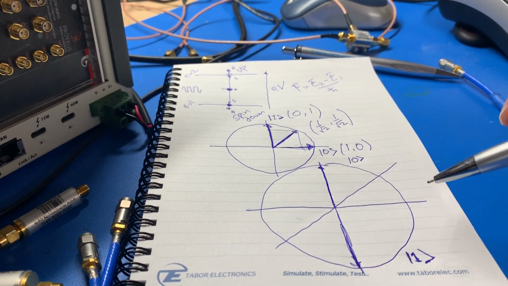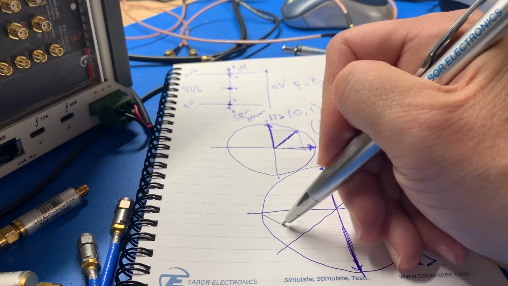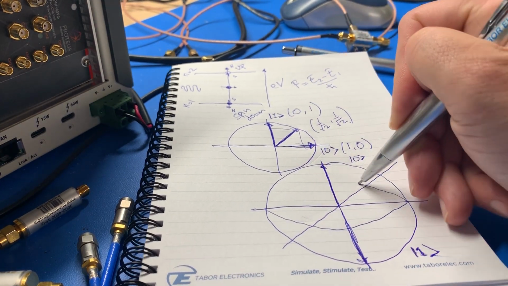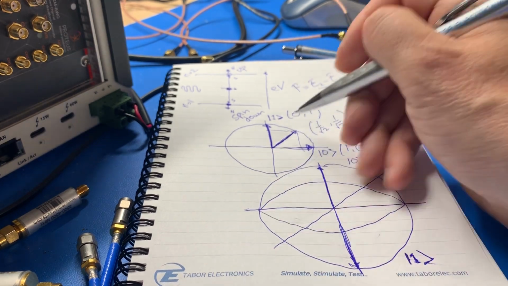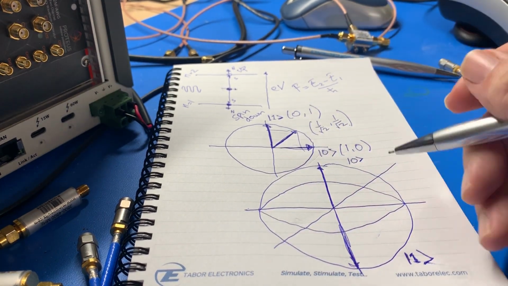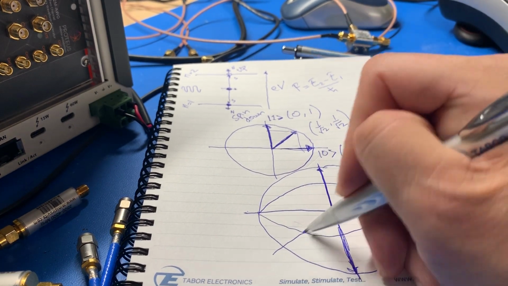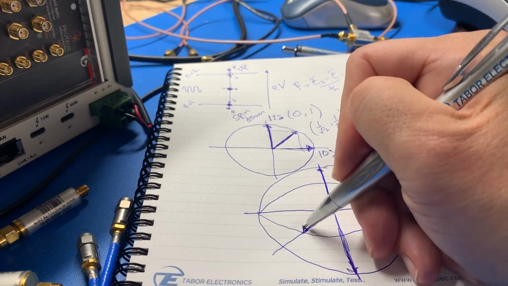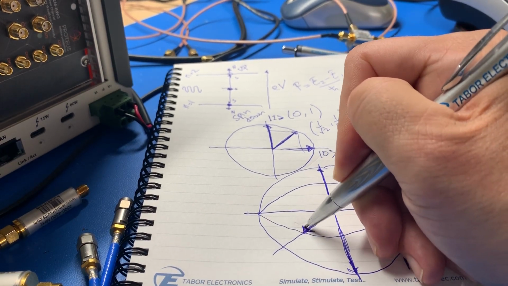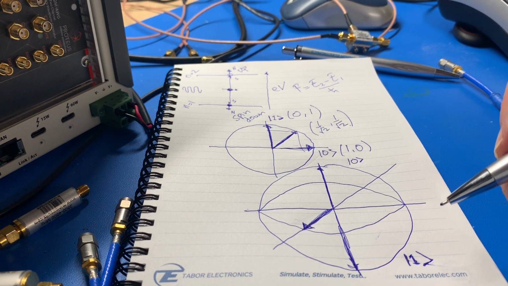Now for superposition, let me draw an ellipse here to represent the equator. For superposition, we define that on our Bloch sphere as a rotation around the equator.